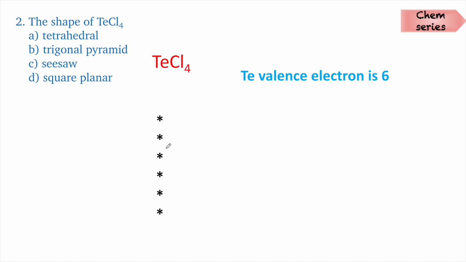So 6 valence electrons are written in this way, and 4 of its valence electrons are utilized for bond formation with 4 chlorine atoms as single bonds. The remaining 2 valence electrons are left out as non-bonded electrons, that is 1 lone pair.